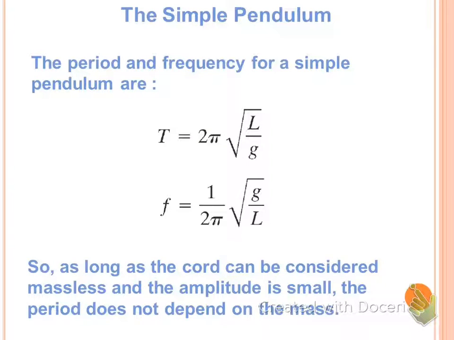So now if we aren't given the period or the frequency, we have the ability to solve for those based on L and g. What do we think L might be symbolizing? Yeah, good. The length of the cord is L. And what would g be?